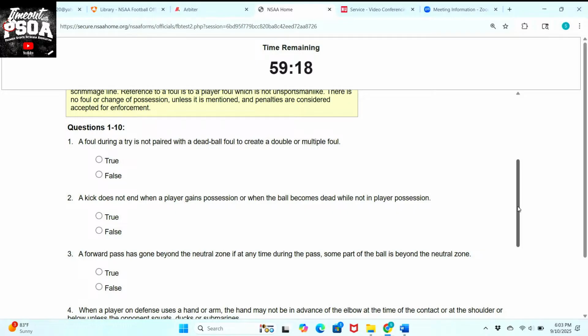So number 1, a foul during a try is not paired with a dead ball foul to create a double or multiple foul. And I know that's going to be in Rule 3.